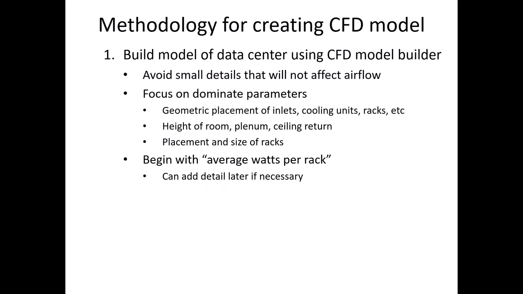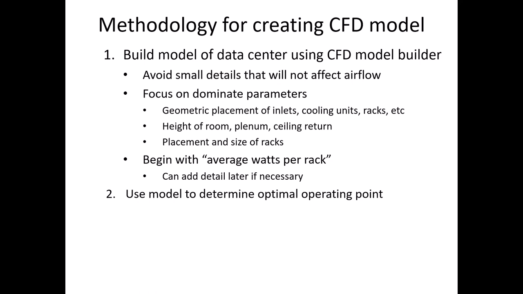So you have to use some kind of metric, and average watts works fairly well. Later on, if you want to tighten it up and put the watts specifically in the rack in a certain vertical location, you can do that. But to get started, just go with average watts per rack would be my recommendation. Get your hands around the big parameters in the room. And then use that to determine the overall optimal operating point.